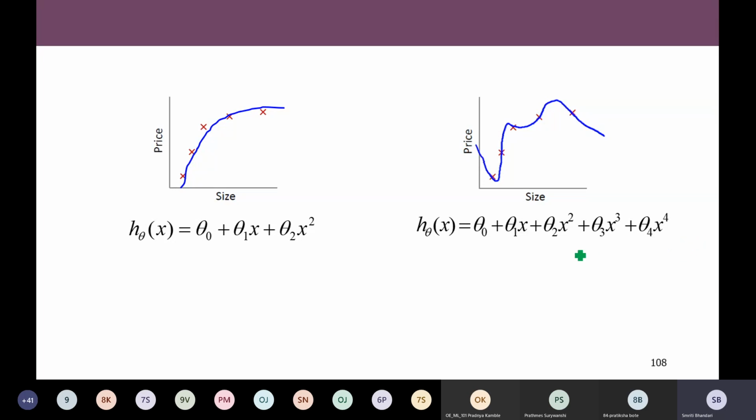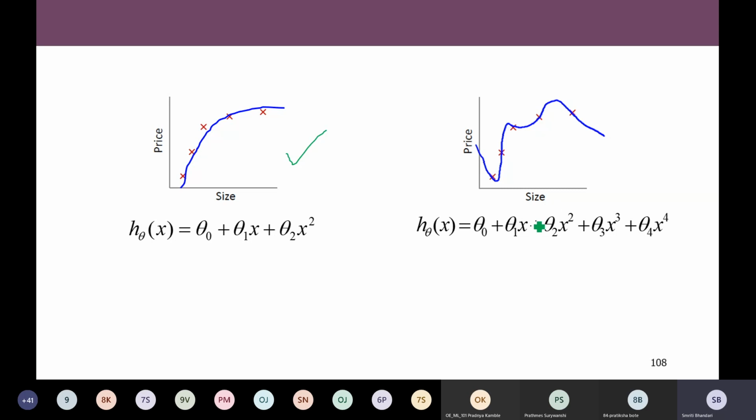If we come up with such a hypothesis to fit the data, then we say this is an overfitting situation and the quadratic is the best fit. As my data is spread approximately like a quadratic function, that is a correct, good fit, and this is overfit.